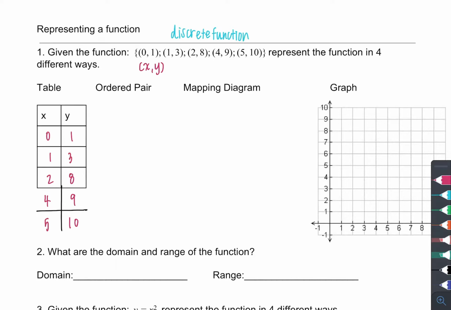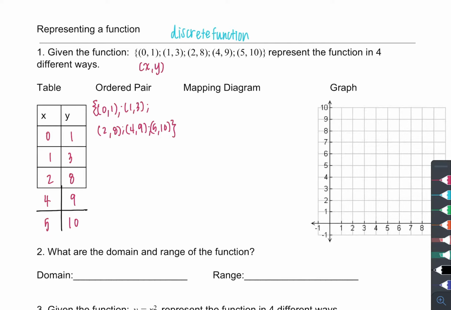So we've got 0, 1, 1, 3, 2, 8, 4, 9, and 5, 10. We want to separate those with curly brackets.